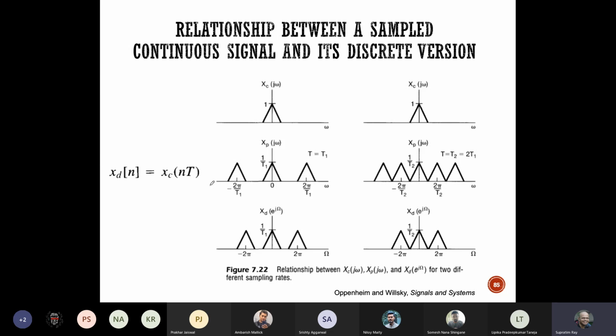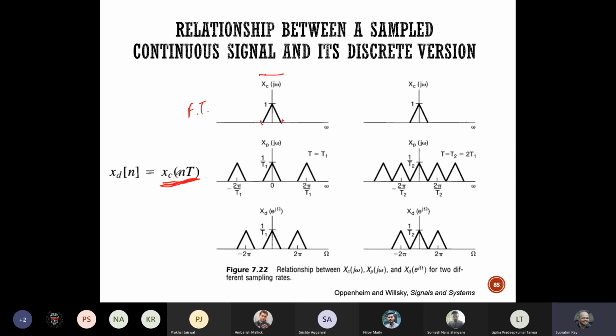So here's the same thing that I was showing you earlier. I have X_c(omega), which is the Fourier transform of the original signal, and it's band limited. I discretize it. Well, I haven't discretized it here yet. I look at the samples of this, still a function of time.